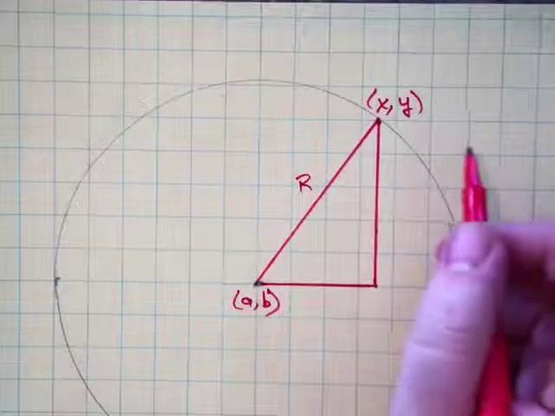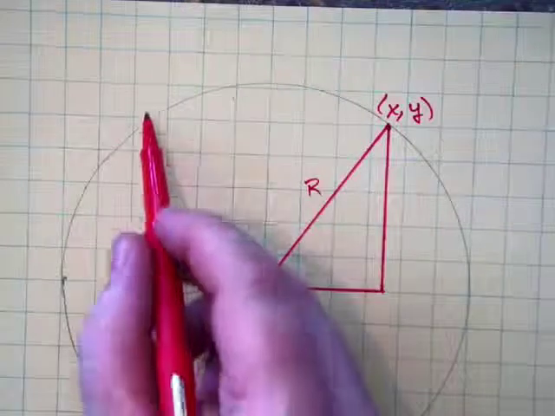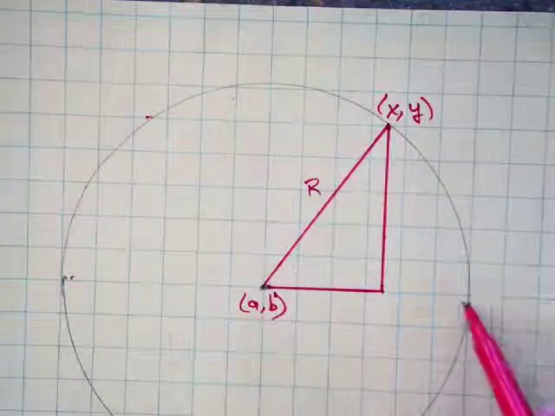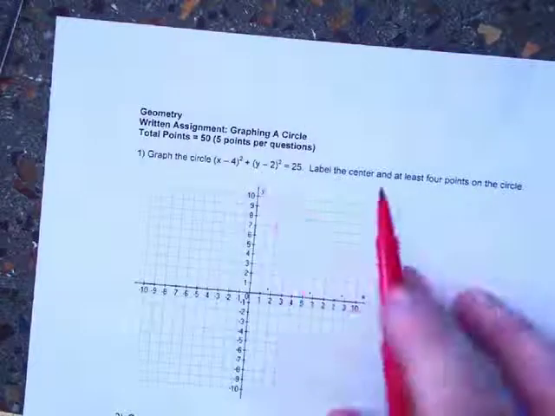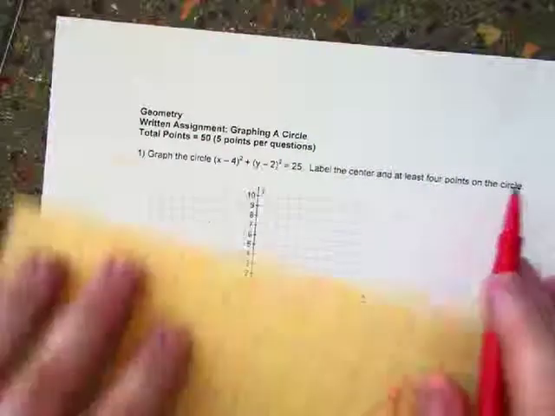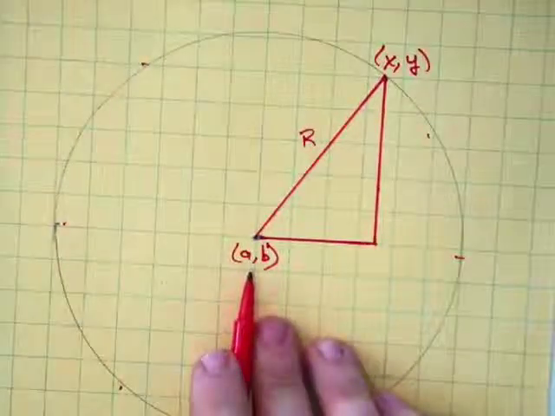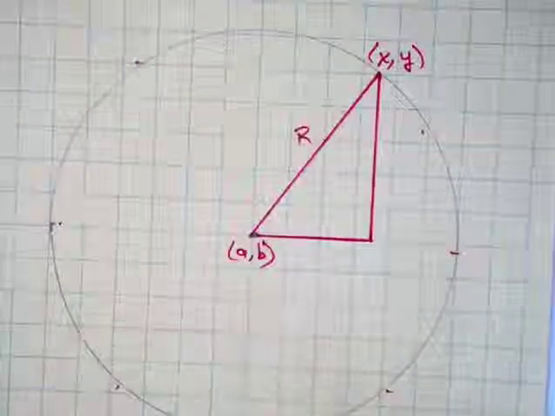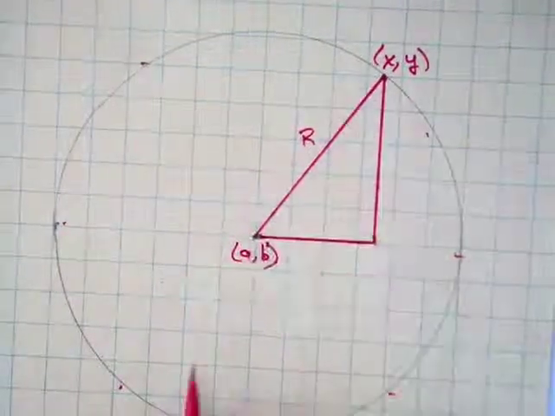The reason we want to know the radius is so we can plot any point throughout the whole circle and say, all of these points are on the circle, and that's what we're being asked to do. Label the center and at least 4 points on the circle. So we've got to find out what A and B are, and how far away that is, so the radius.